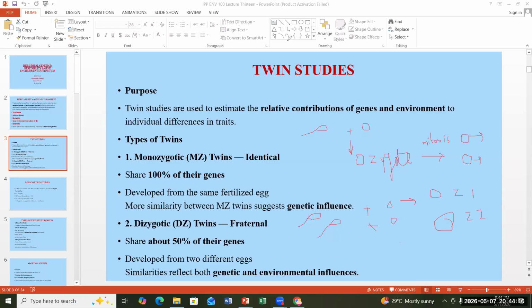So now you will go through the information deeply and try to find out whether they are monozygotic twins or dizygotic twins. This will help you to predict the effect of nature versus nurture.